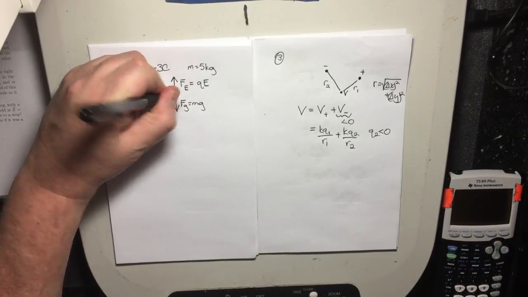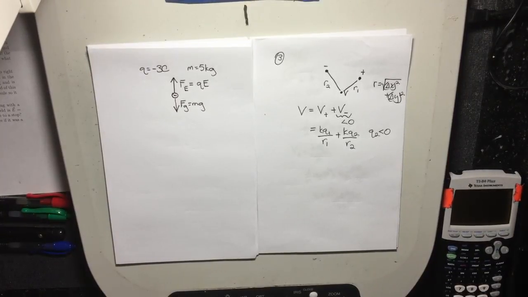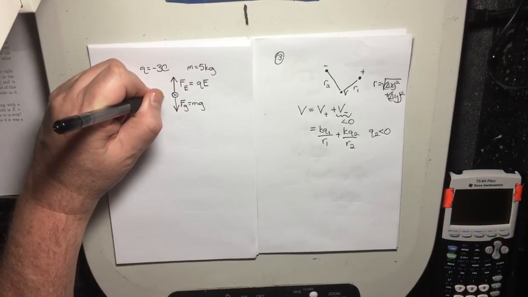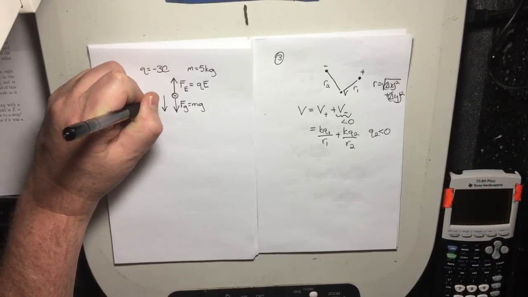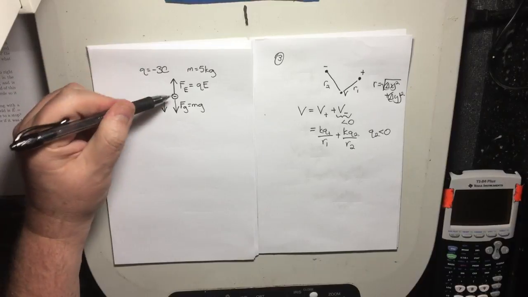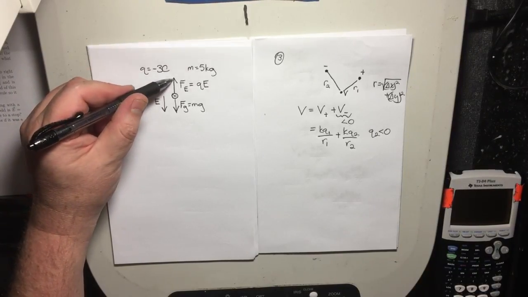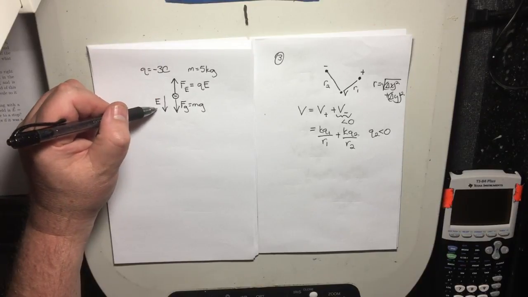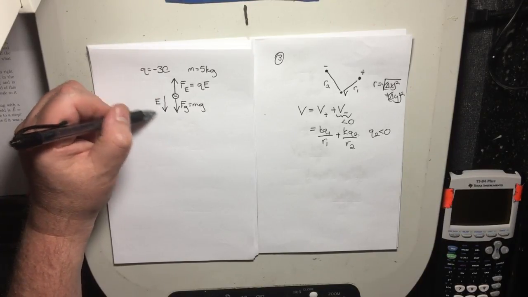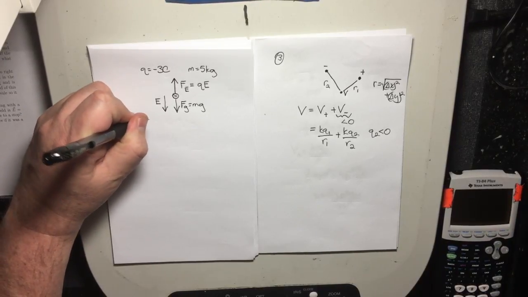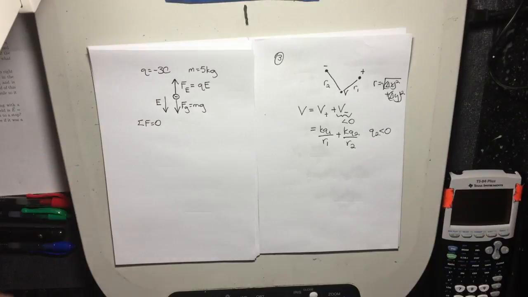Since the kitten is a negative charged kitten, the direction of the E field must be down, because negative charged particles always feel forces in the opposite direction of the electric field. So the electric field force is down. The sum of the forces is equal to 0 because the kitten is not moving up or down, just sitting there.